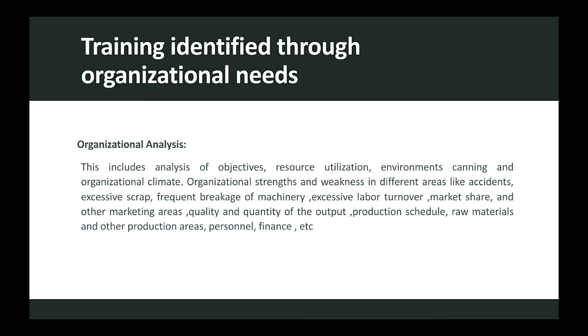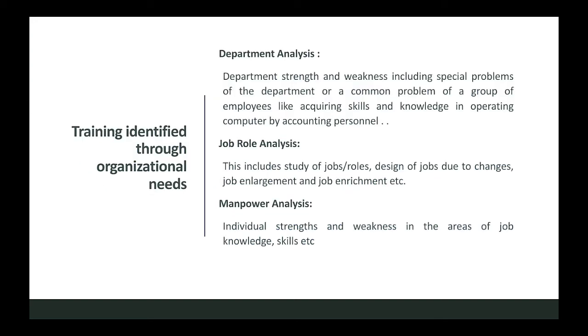All these things will come into the picture. So at first, we need to analyze the organization. What is the nature of business? What is the market condition? How many resources are available? How many raw materials are available? What is the workforce design? All these things will come into the picture whenever we are identifying the training through the organizational need.